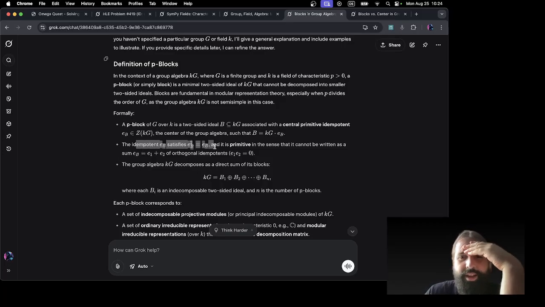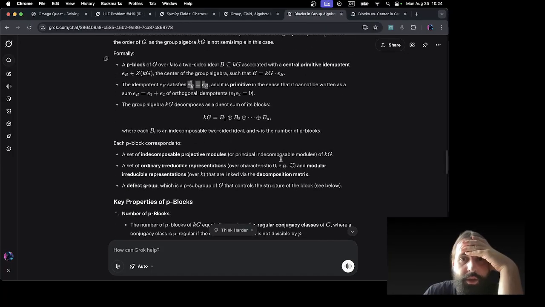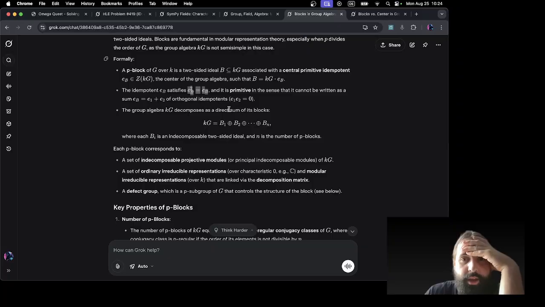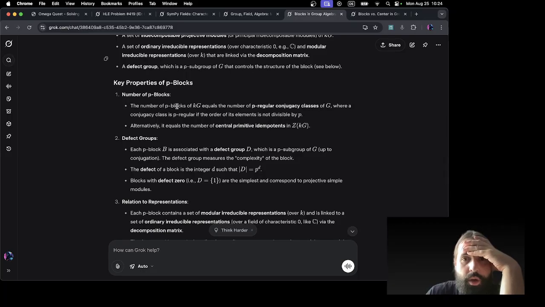But actually, if this is what it satisfies, wouldn't that mean that in the case of p equals 2 it is every single element? Okay, so these are blocks in that sense, because the number of blocks equals the number of central primitive idempotents in the group algebra.